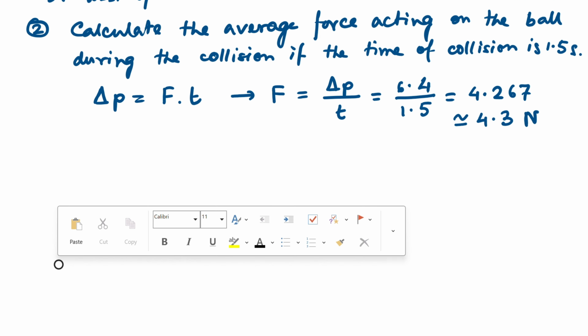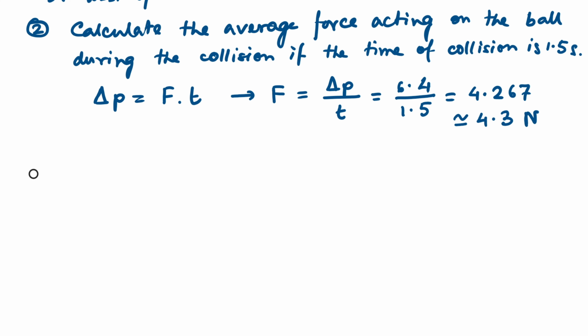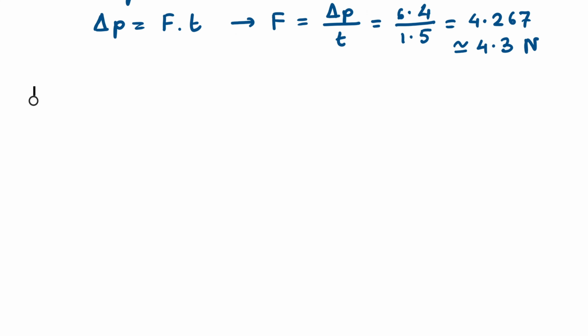So we can show this relationship between force, time, and impulse using a graph, which you might have seen in year 12 as well. So if we plot the average force that is acting on the object during the collision on the y-axis and the time on the x-axis, then if the duration of the collision is small, so this is how long the force was acting on it, so collision time is quite small, then the average force will be quite large.